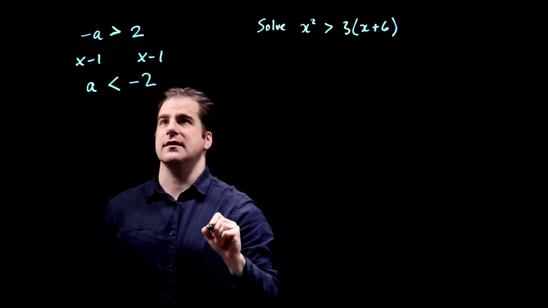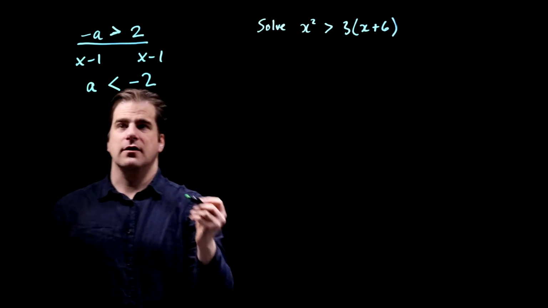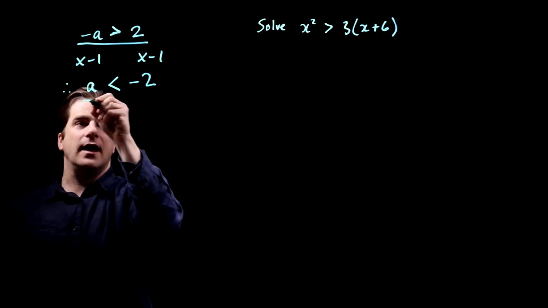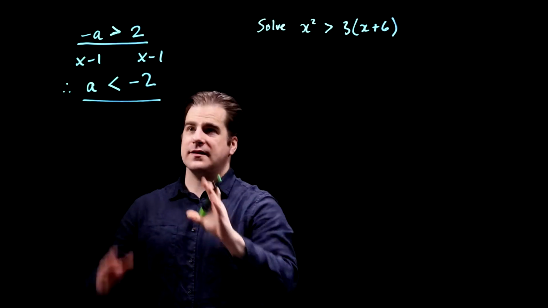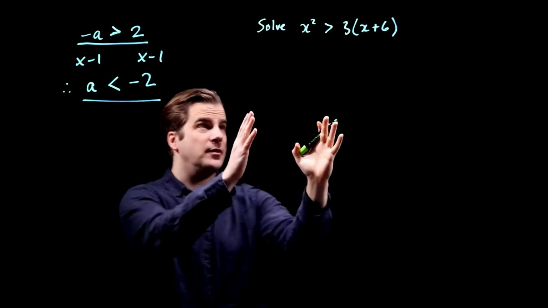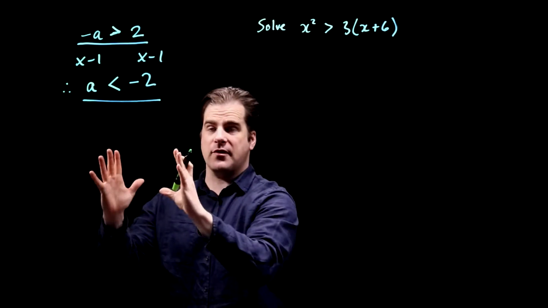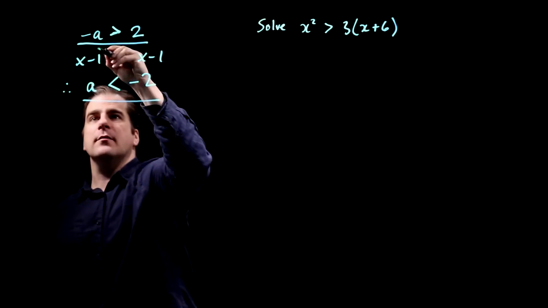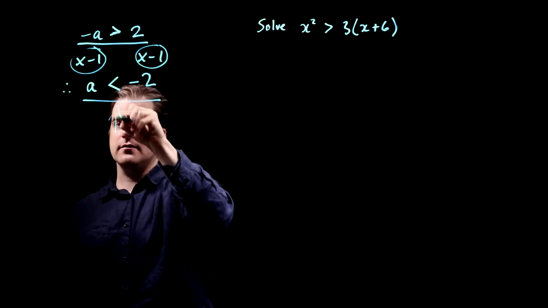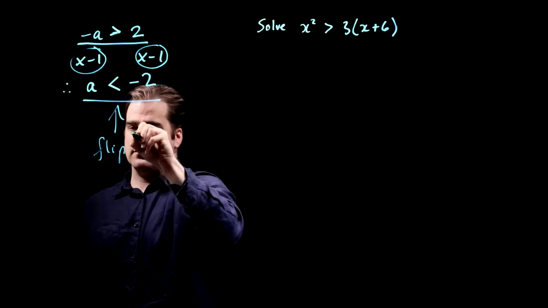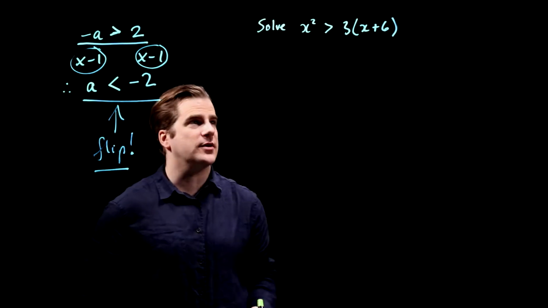So if -a is greater than 2, therefore a is less than -2, okay? So that's a general case. Maybe we'll have to use it in this particular question, maybe not, don't know yet. But just remember that for inequalities, whenever you multiply both sides by -1, you have to flip the inequality, okay?